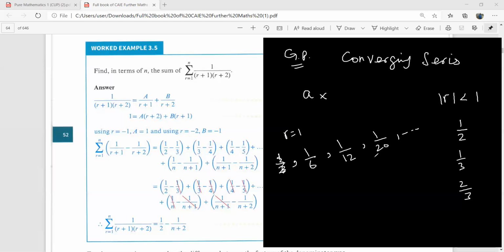So how do we find the sum of this converging series, especially when you have these rational functions? For this purpose, you have to be very good at writing partial fractions.